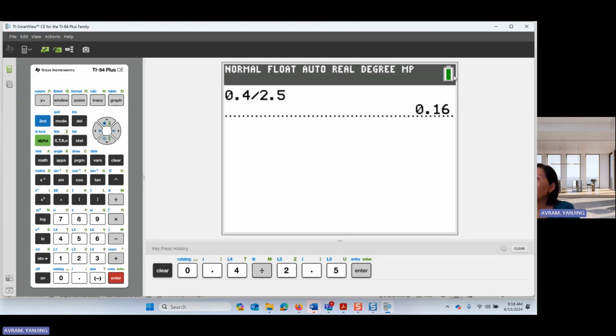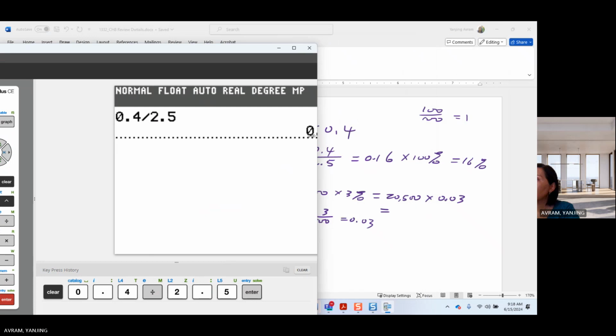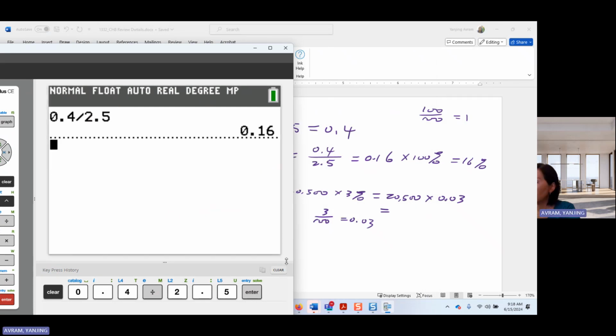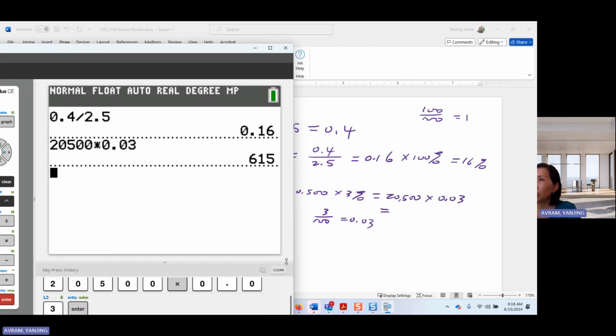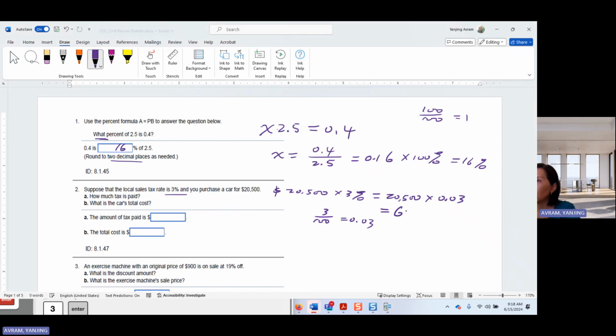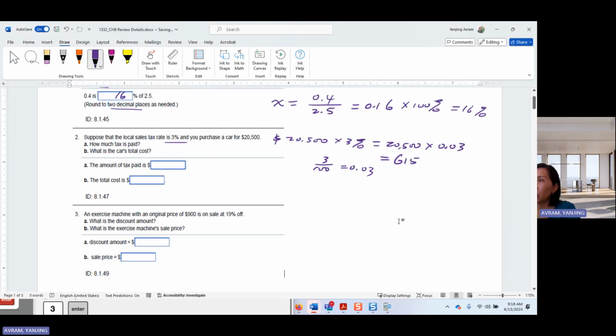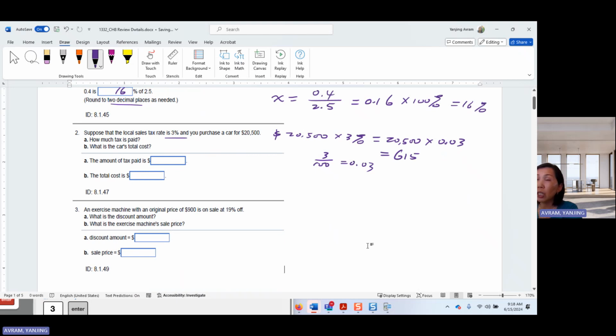Okay, so we have 20,500 times 0.03. That will give you 615. All right. So basically, you are just paying $615 for the tax. So the total amount of tax is $615.